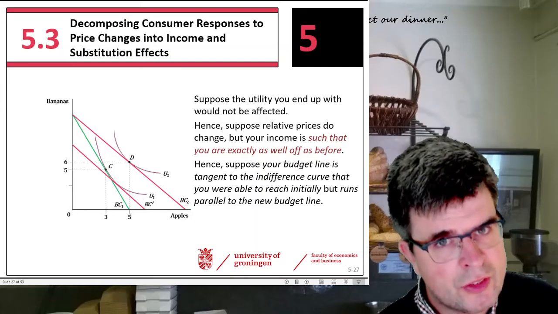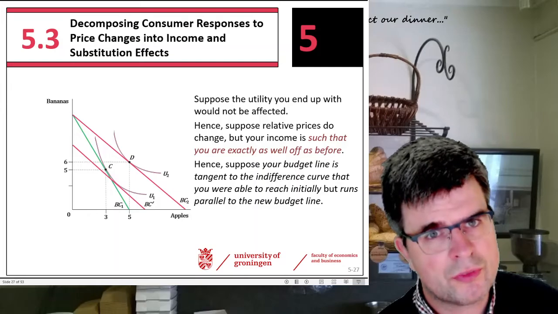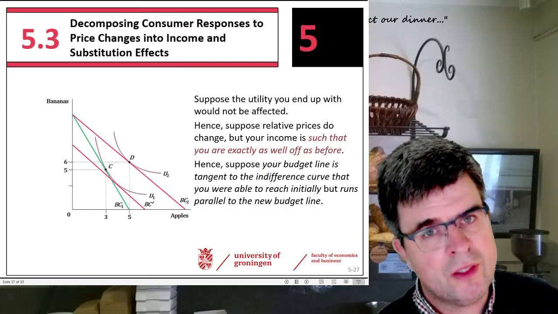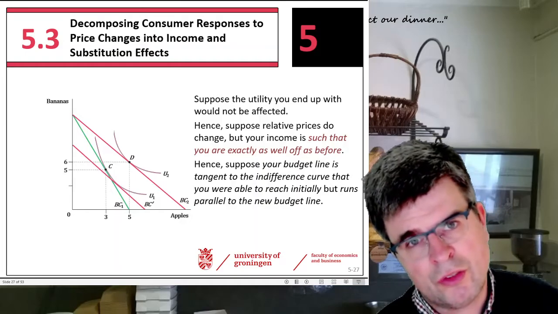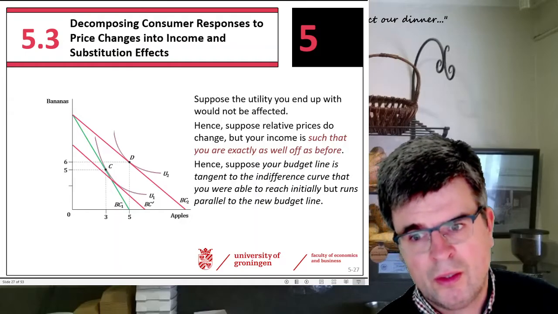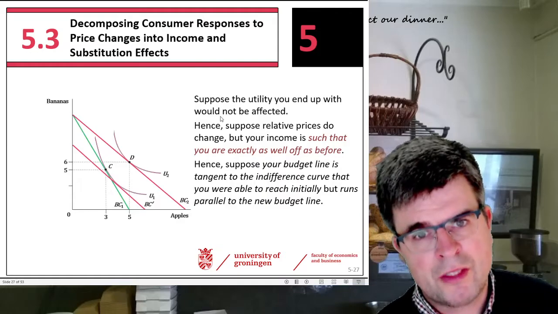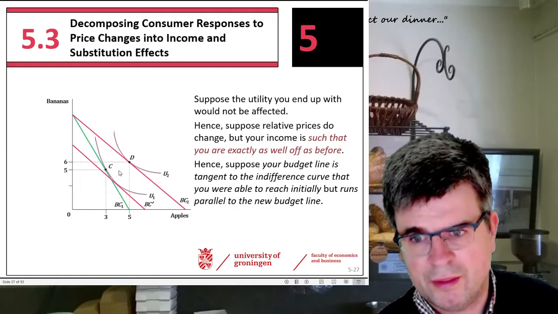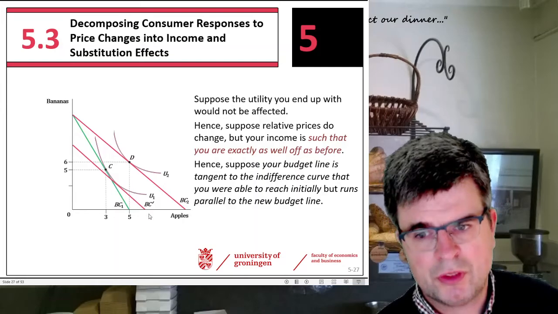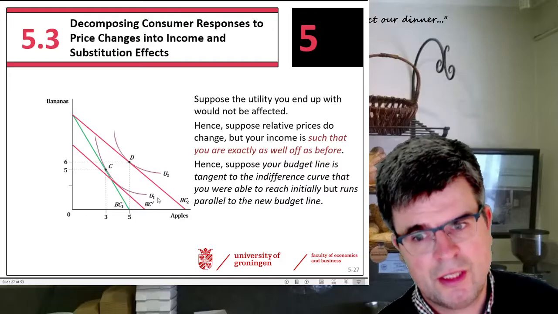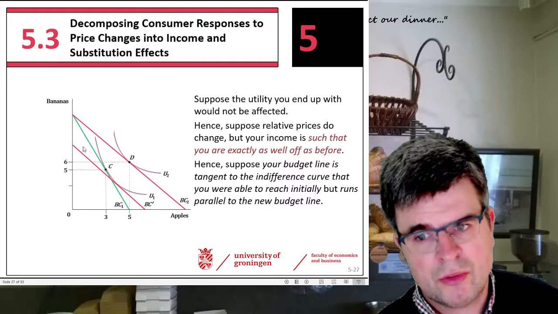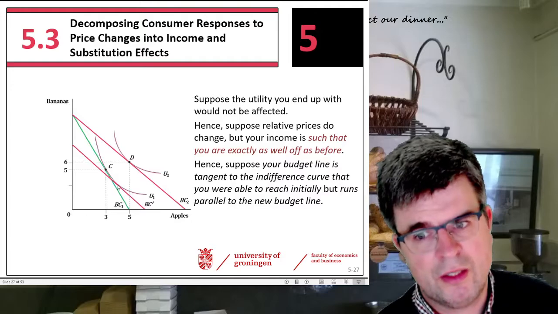But the thing that has changed compared to the old budget constraint, the green one, is that the relative prices of good 1 and 2 have adjusted and they are equal to the price ratio under the new budget constraint. So this BC prime budget constraint is parallel to the budget constraint after the price change. So it takes into account the price change, but it doesn't take into account the increase in purchasing power.